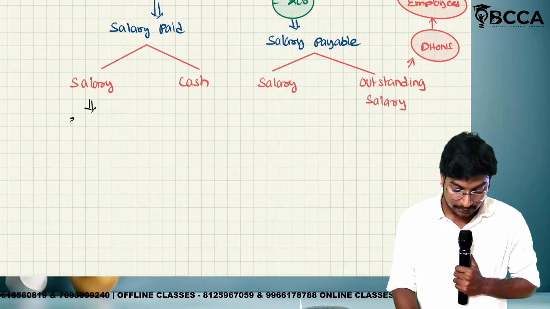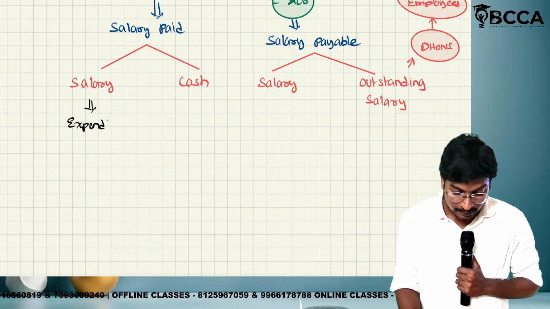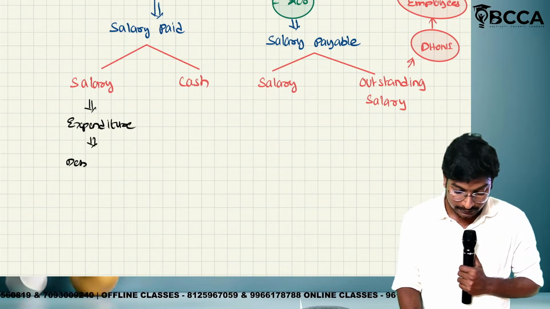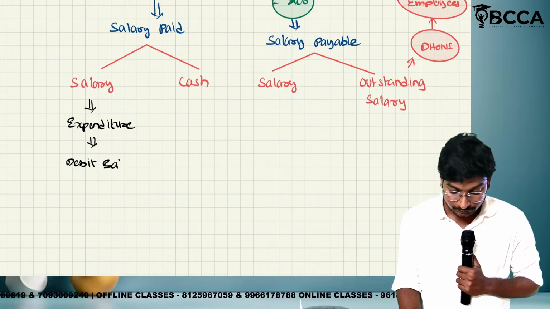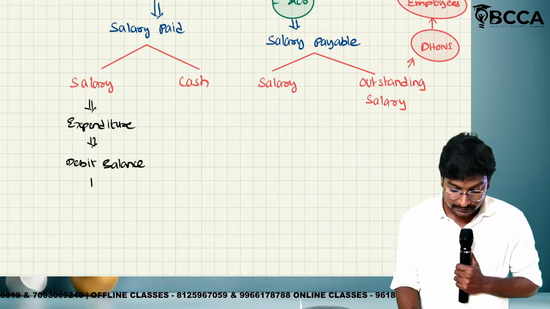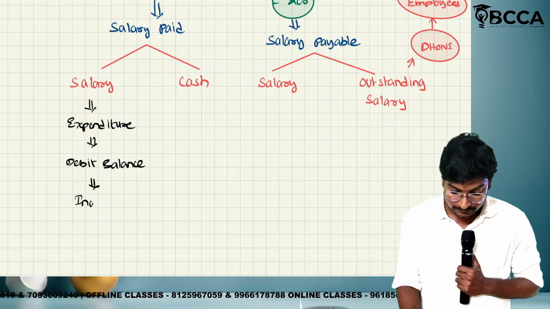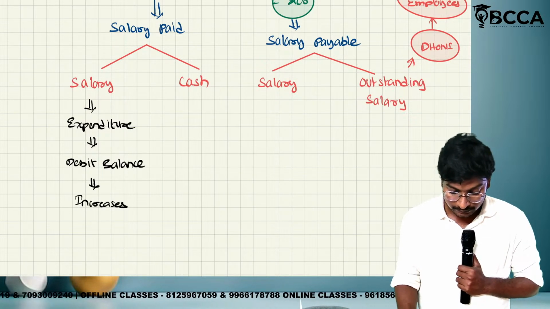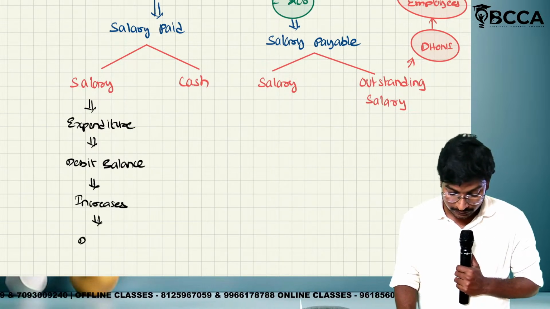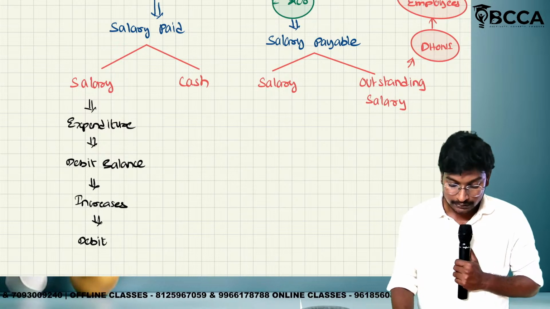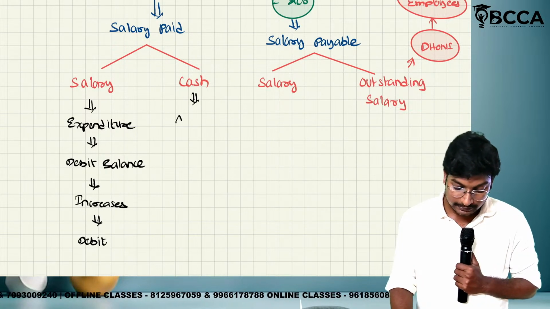So salary means what? Expenditure. So which balance? Debit balance. Increases or decreases? Increases. So what do we have to do? Debit. Next one, cash means asset. Asset means which balance?